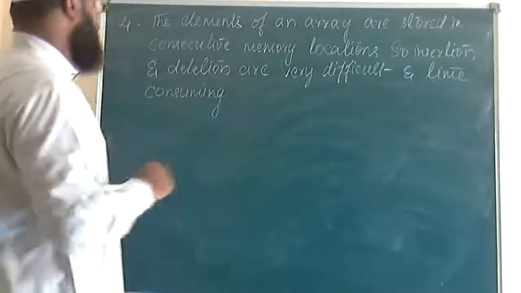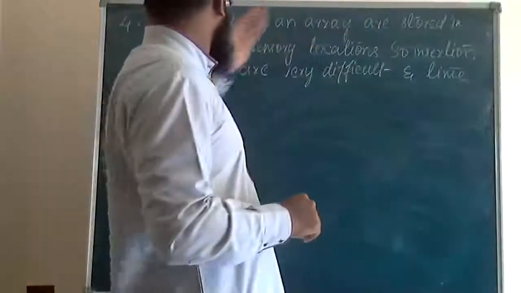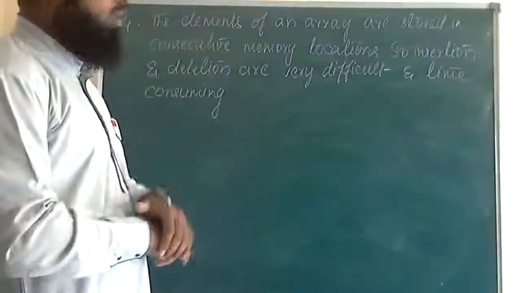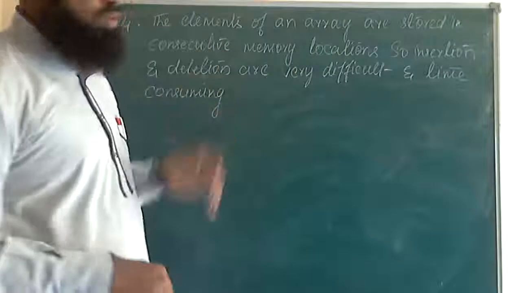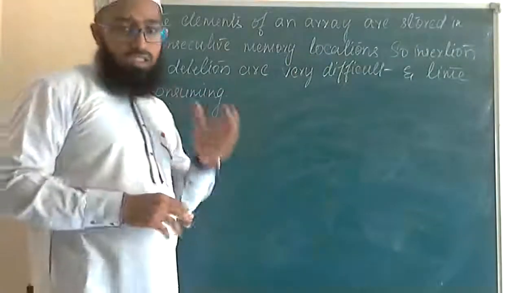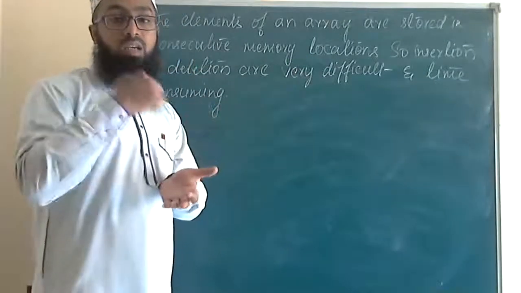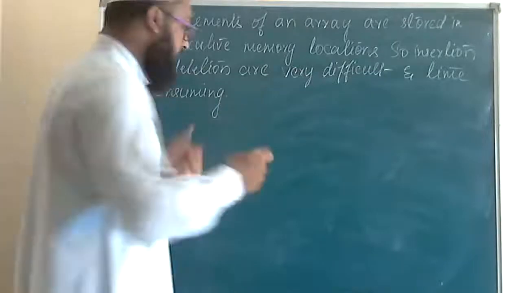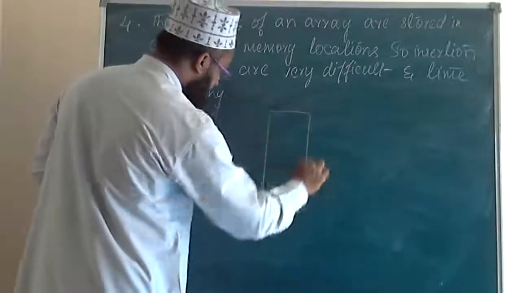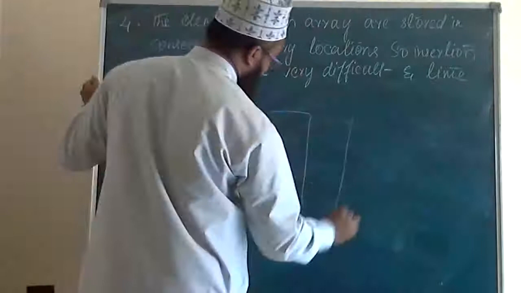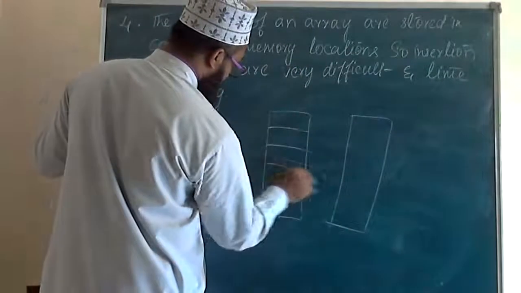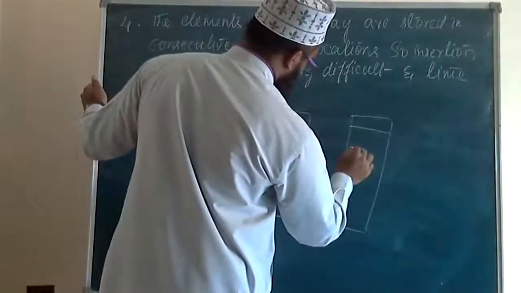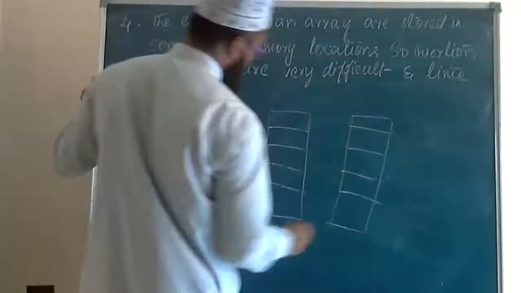Okay. Look here, the elements of an array are stored in consecutive memory locations. So, insertion and deletion are very difficult and time consuming. We have discussed this while discussing insertion and deletion of an array. For example, look here, I will take two arrays: 1, 2, 3, 4, 5 and 1, 2, 3, 4, 5.